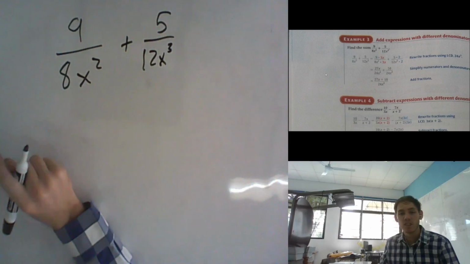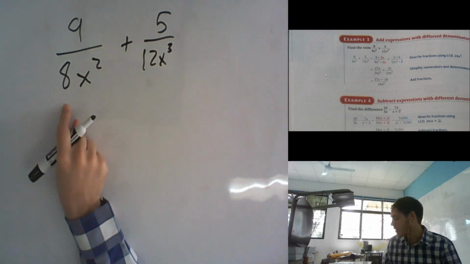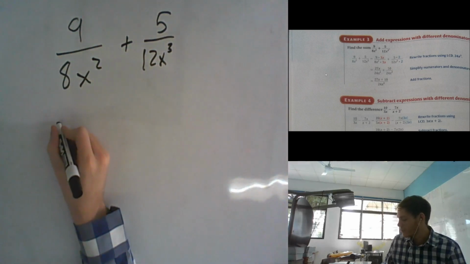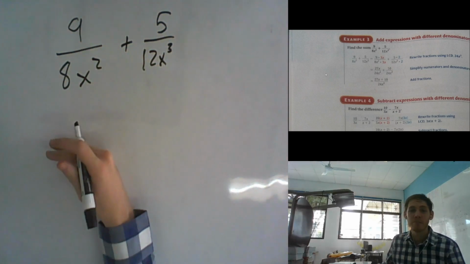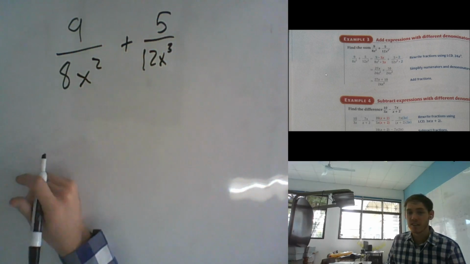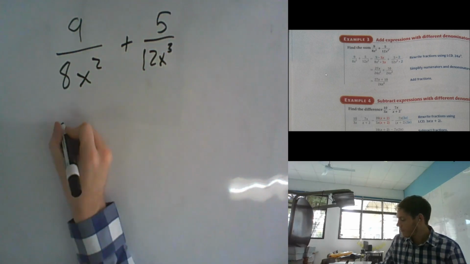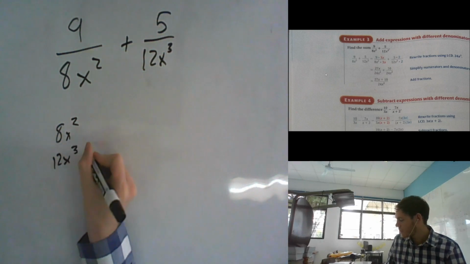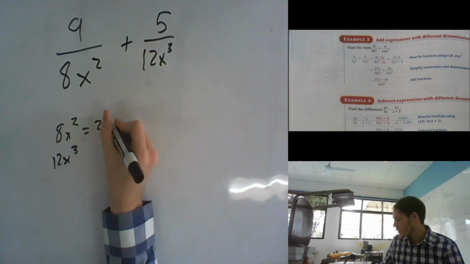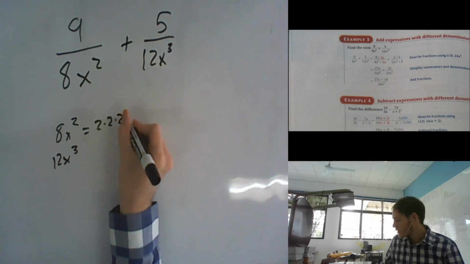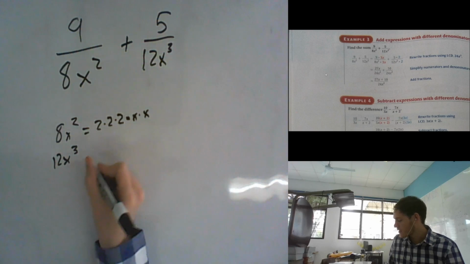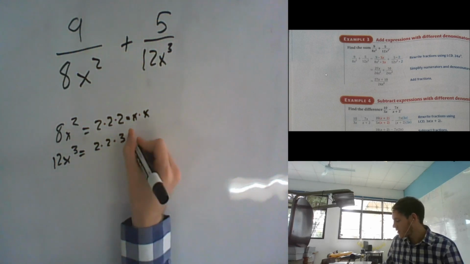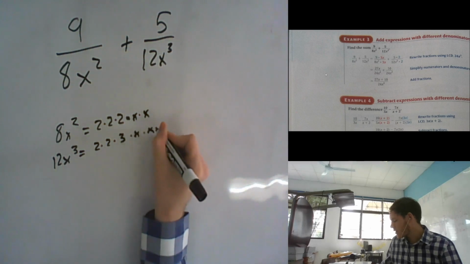Okay, so the first step is finding the least common denominator of 8x squared and 12x cubed. You don't have to write this down, but I will. So 8x squared is 2 times 2 times 2 times x times x, and 12x cubed is 2 times 2 times 3 times x times x times x.